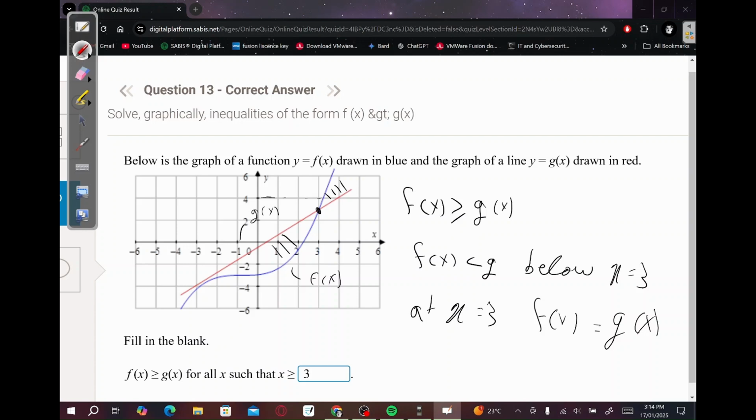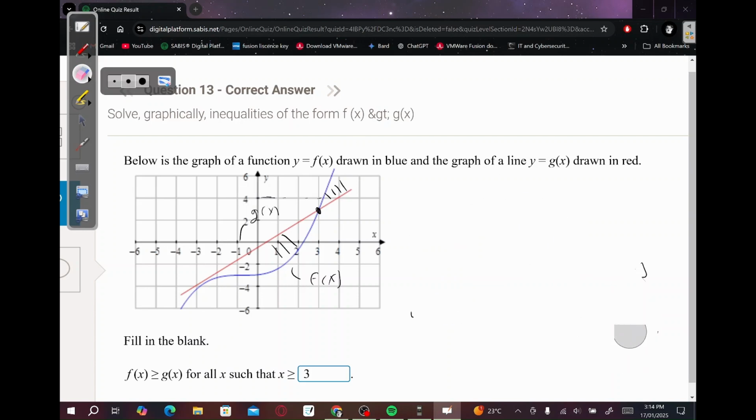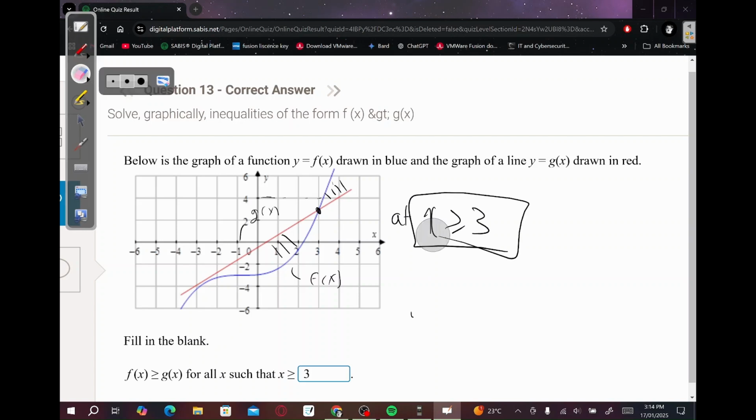Okay, now that you know that, you just have to find out where it is greater. So you can see here that the values are greater at x greater than 3. So at x greater than or equal to 3. There we go. This is our answer.